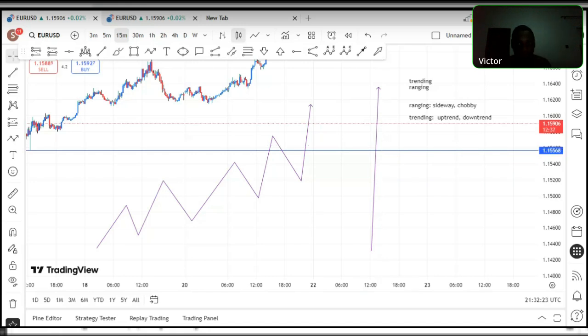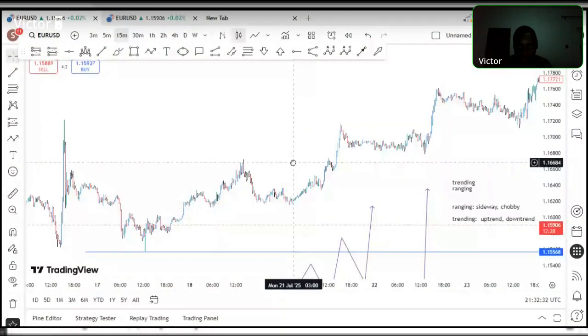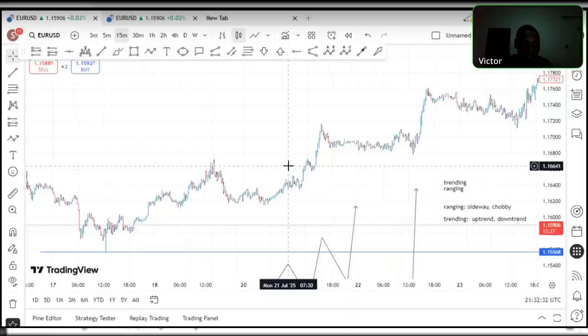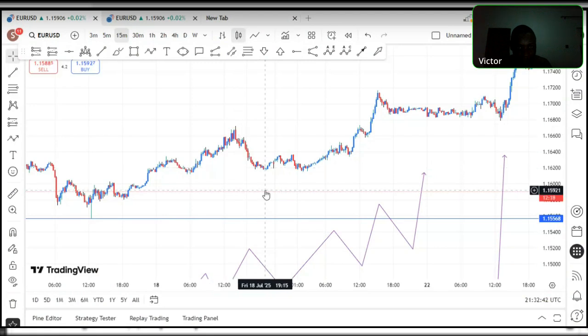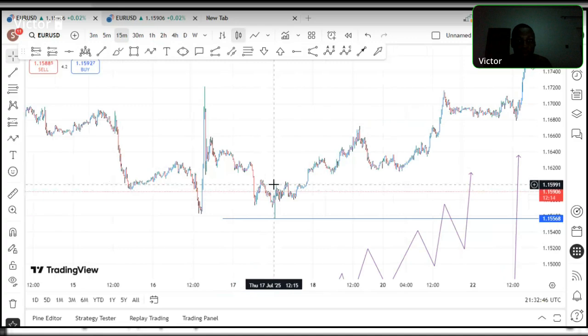So that's why you want to see price giving you selling movement inside the buying. Like this bullish trend, it signifies that buyers are in control, but it doesn't mean that sellers will be absent. No, they will still be inside there. The buyers are dominating, but you want to see sellers.